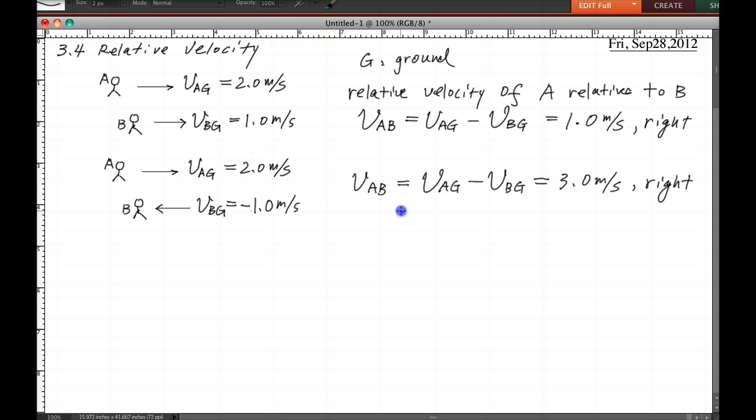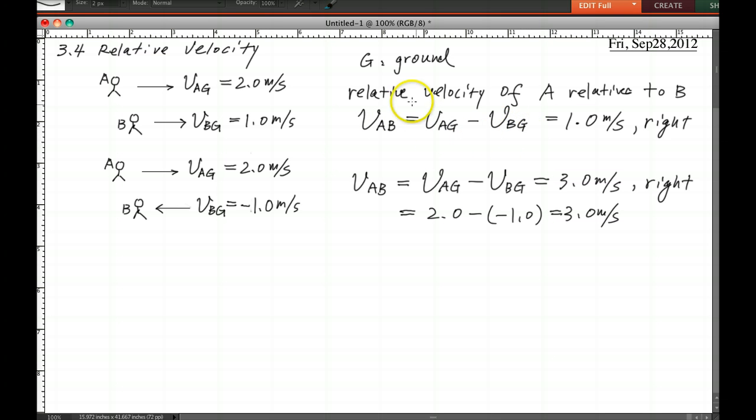In this case, the calculation is 2.0 minus negative 1.0, which equals 3.0. That's actually the definition of the relative velocity of A relative to B. As long as A and B both have velocities relative to a third object, the ground, this formula is always true.